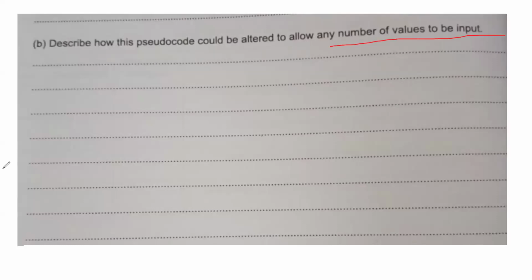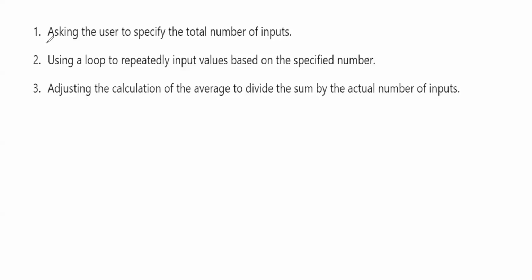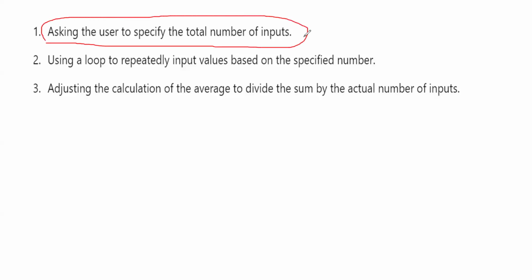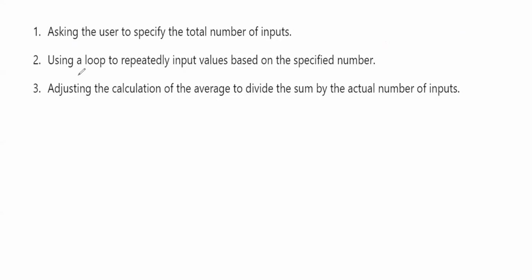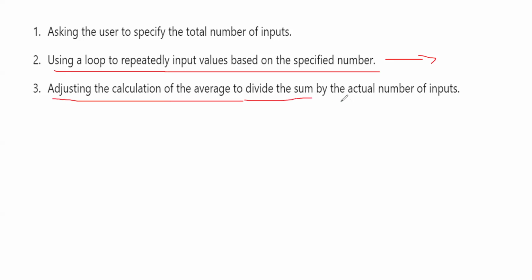Okay, I explain it. Here is the solution. Asking the user to specify the total number of inputs. You can ask 5 inputs, 6 inputs, or 7 inputs, whatever. You can prompt the user how many inputs they want. Then use a loop to repeatedly input values based on the specified number. A loop can help us perform this task many times in a repeated manner. Then adjust the calculation of the average to divide the sum by the actual number of inputs.